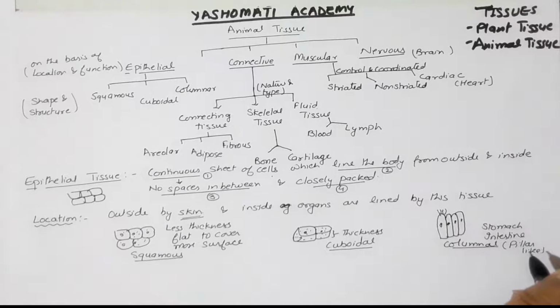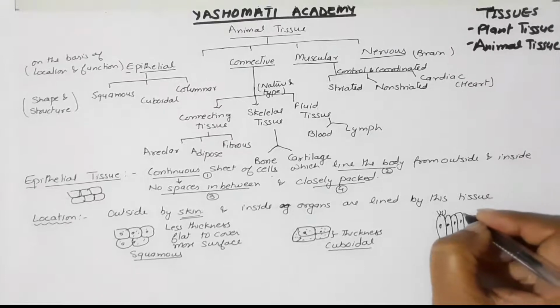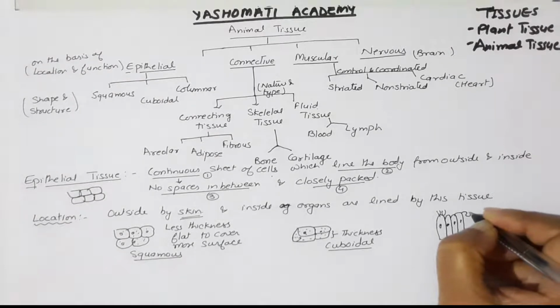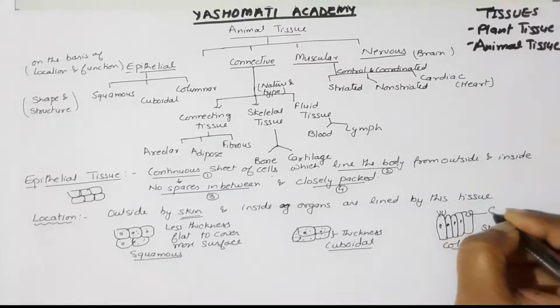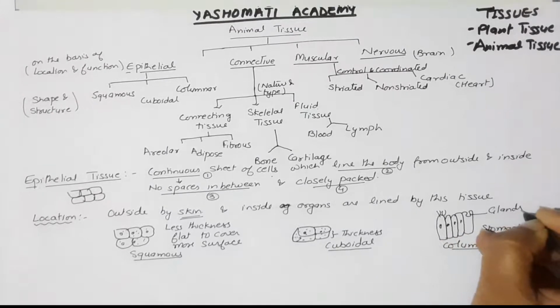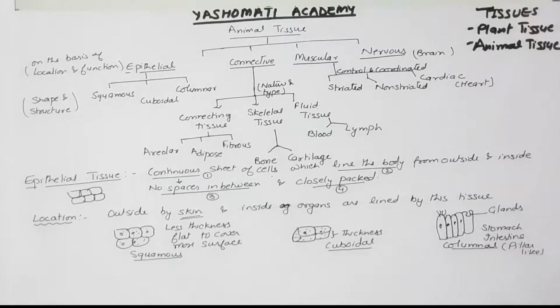So then they will be called as ciliated columnar epithelial tissue. In some cases, for example, in case of stomach, these tissues, they may be having small glands also. Then they will be called as glandular epithelium. So the function of glandular epithelium will be that they will be producing certain secretions which are useful to the body.